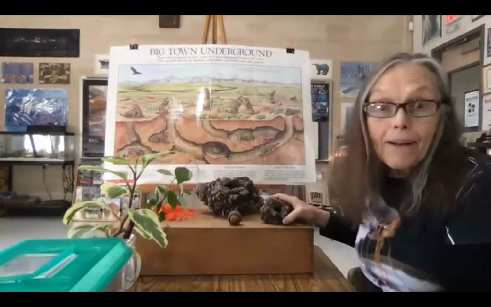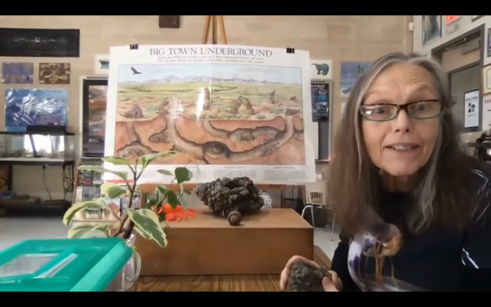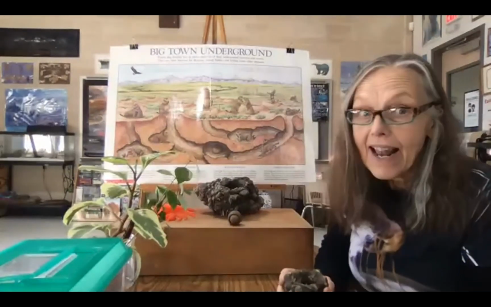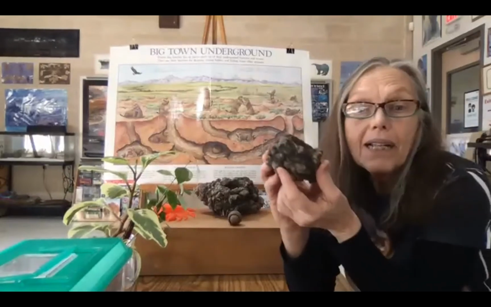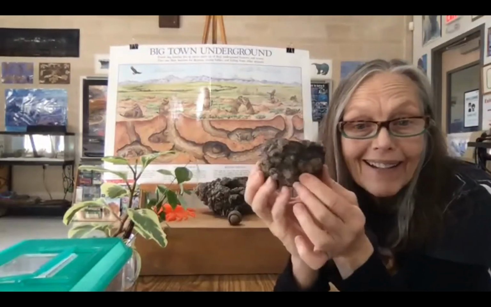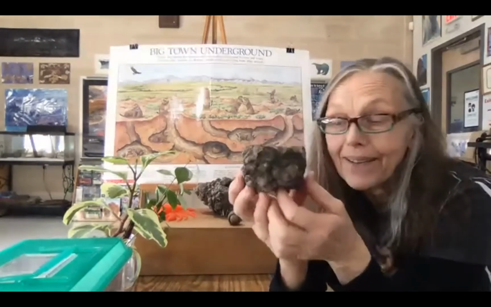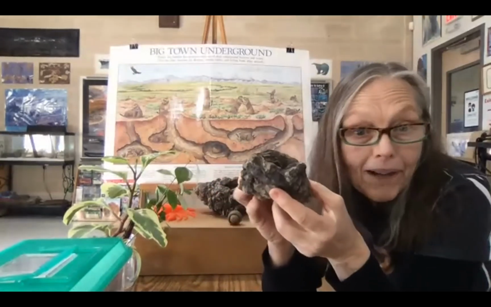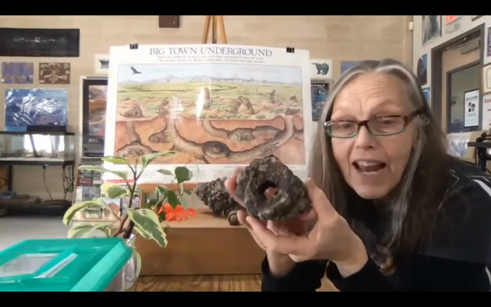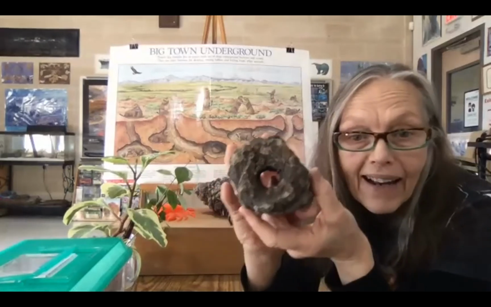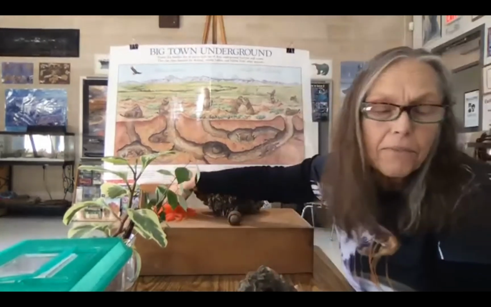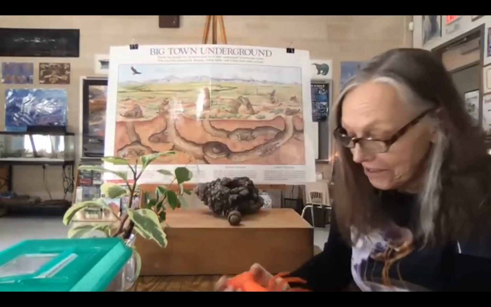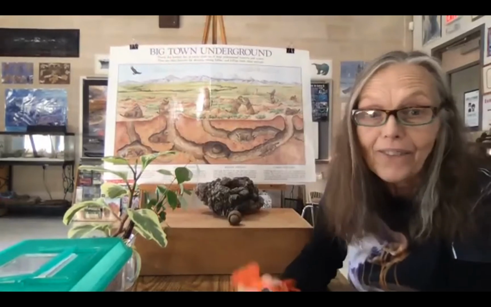Now, sometimes we can find where animals have been living in the soil. If you go to a park in a kind of a damp, wet place, you might see something like this. I found these right out here. And when they were wet, when I found them, I sliced them off and I let them dry. It was the home of a small creature called a crawdad or crayfish.